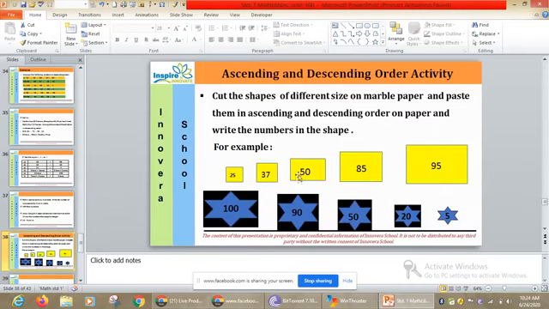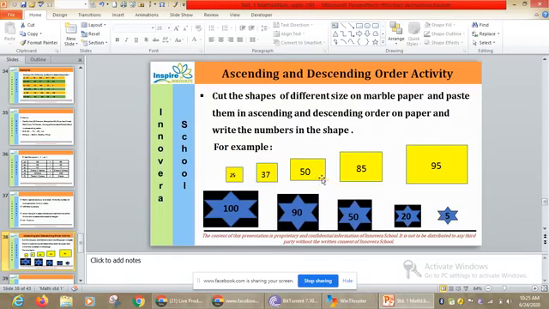एक छोटा, एक बड़ा, एक उससे बड़ा, एक और बड़ा, एक उससे भी बहुत बड़ा. And you are going to arrange those shapes in ascending and descending order, and you can write numbers on those shapes in ascending or descending order.